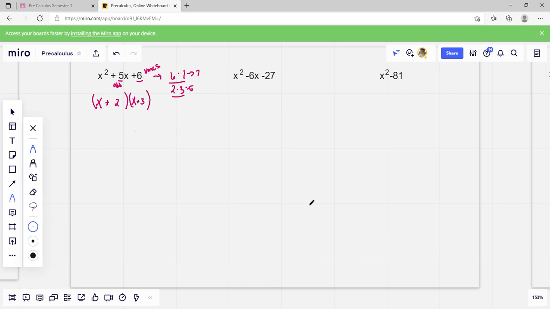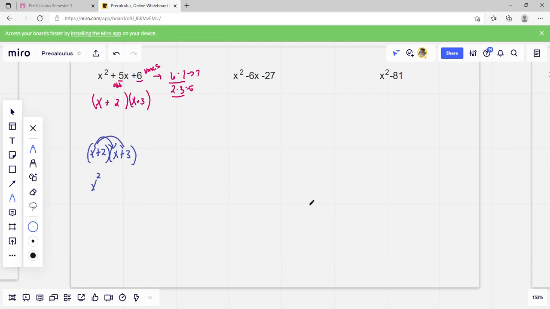Now, if we rainbowed that back out, we should come up with what we started with. So let me use a different color here. So if I said x plus 2 times x plus 3, and I rainbow that, I'm going to get x times x is x squared.